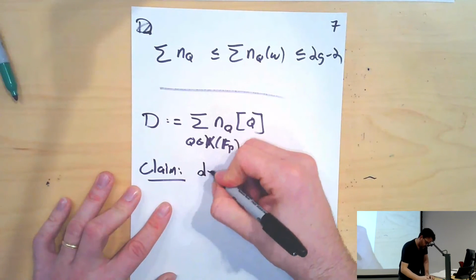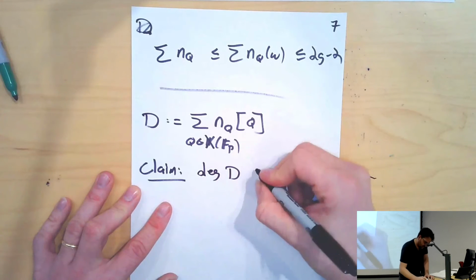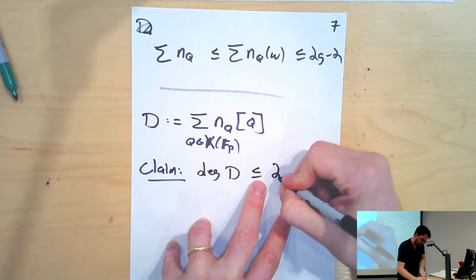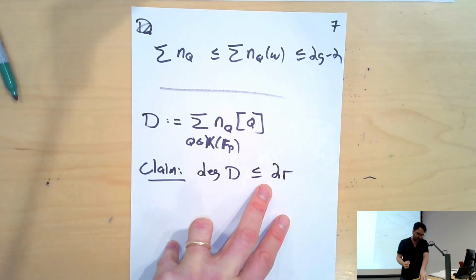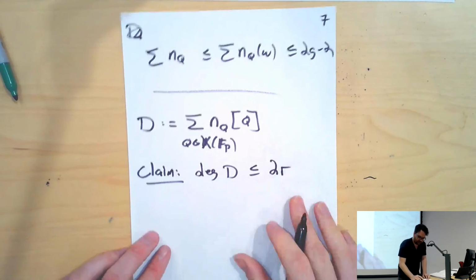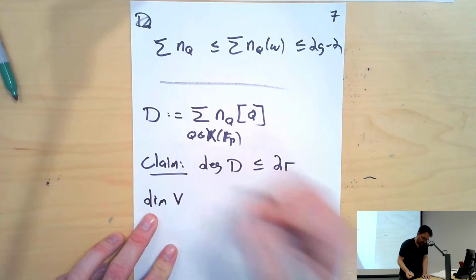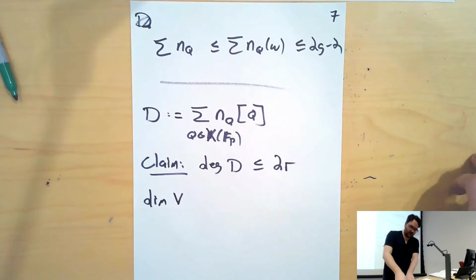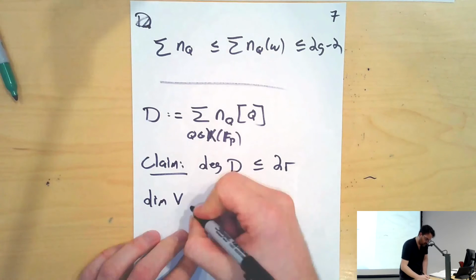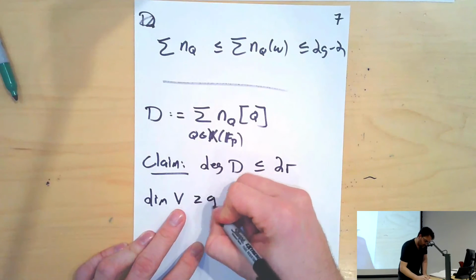The claim is that the degree of D is at most 2r. Let me recall again where the rank comes from: the dimension of V, where we pull these omegas from when we set up in Q_p, is at least g minus r.